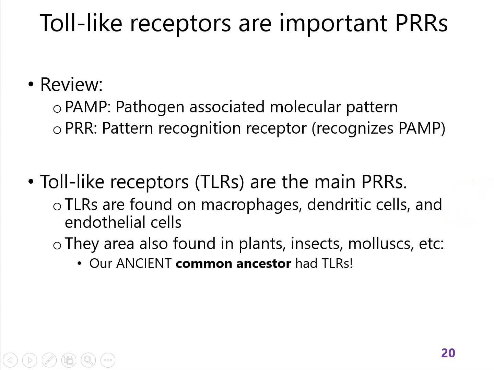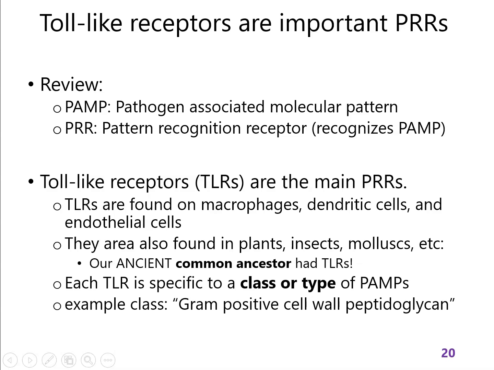They are evolutionarily conserved. That is, insects have toll-like receptors. They're named for a gene in the fruit fly called toll. We use them slightly differently, but the point is that our common ancestor had these a long time ago, and we can't say that for anything in the adaptive immune system.